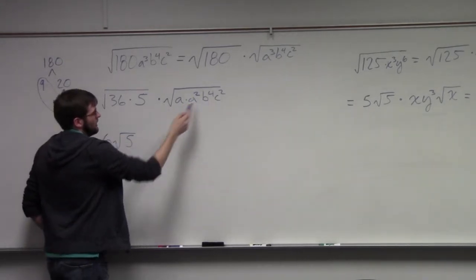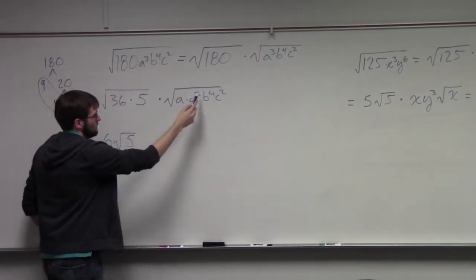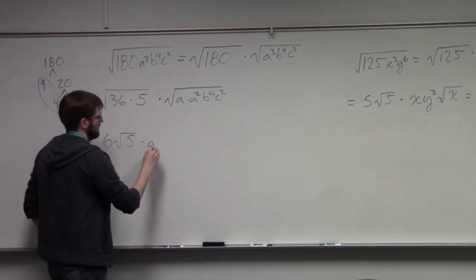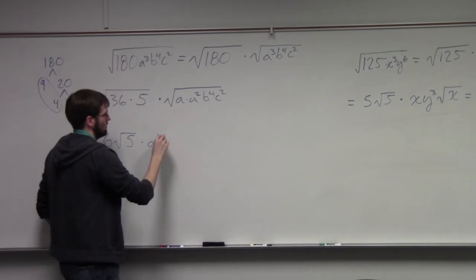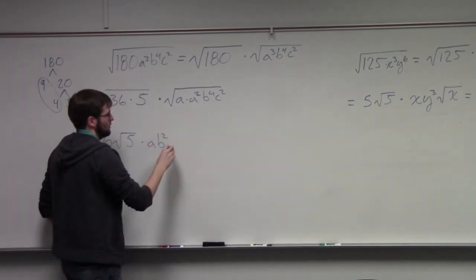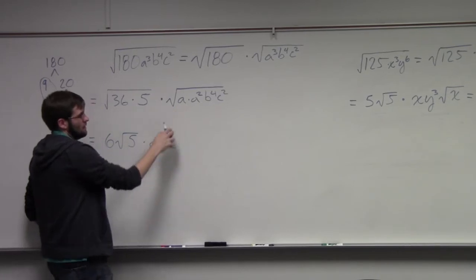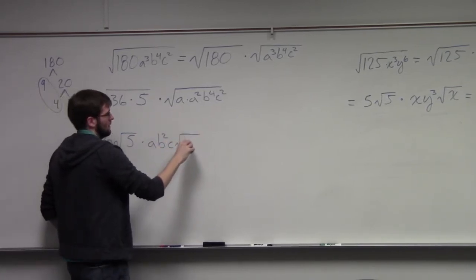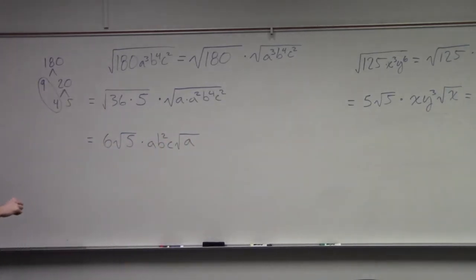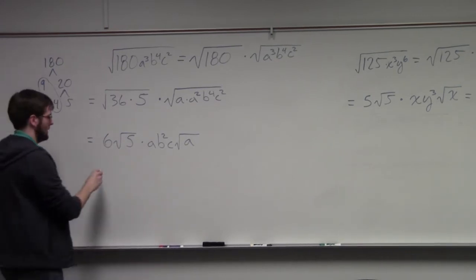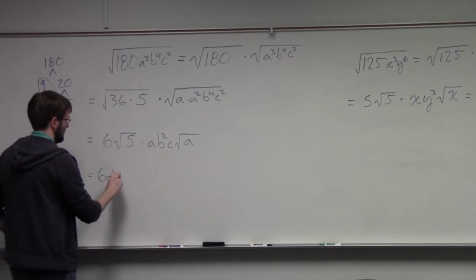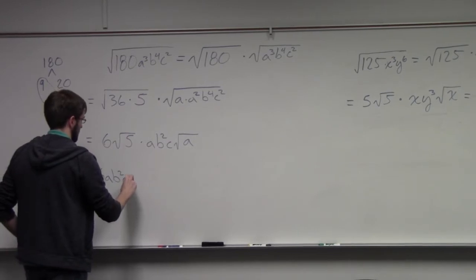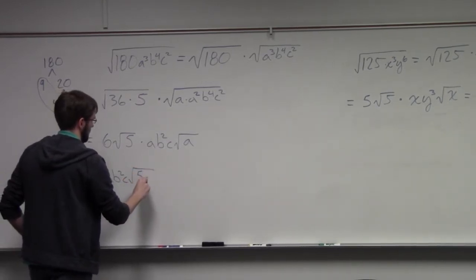And I divide all these exponents by 2. So a divided by 2 is just a. b to the 4th power divided by 2 is b squared. And this exponent divided by 2 is just c. Since he's the odd man out, we'll leave him in there. All right, and then we group together the stuff on the outside and the stuff on the inside. So I'm going to have 6ab squared square root of 5a.